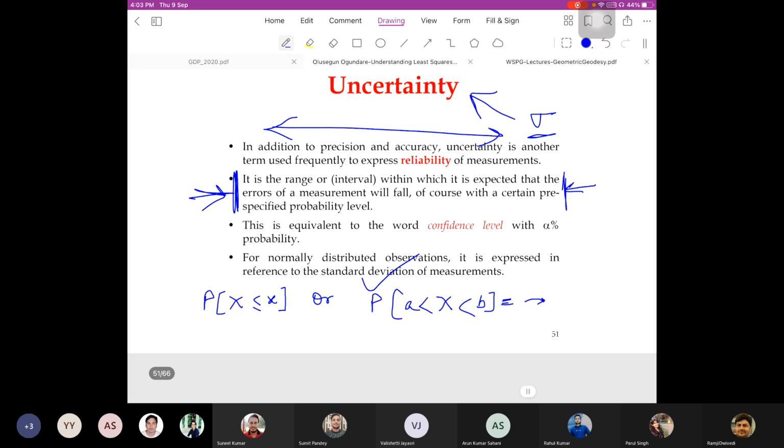So what is the probability that your observation will fall between mu minus sigma to mu plus sigma?